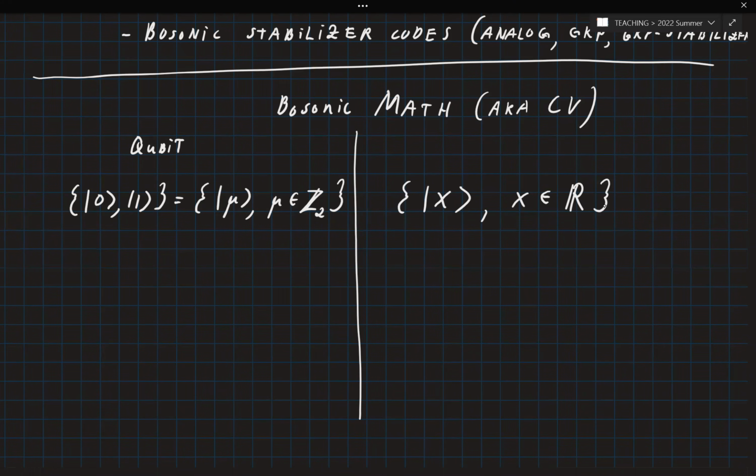And we're going to use this basis to construct many of the codes that we discussed last time, thereby porting their error correcting capabilities into this bosonic world. So this is a basis for a single mode. And these states |x⟩ are called position states.